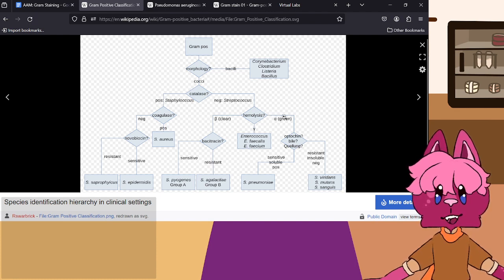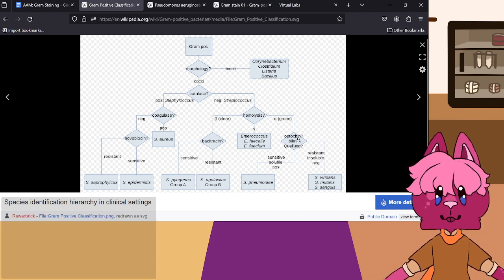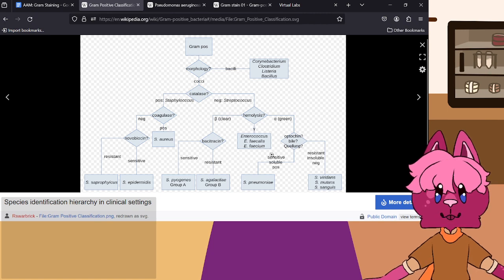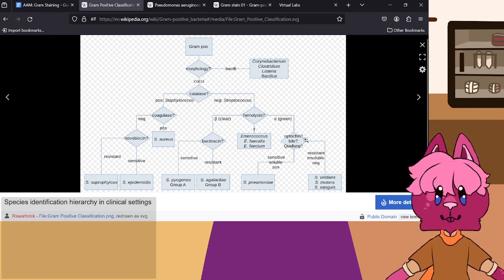But if it hemolyzes and the result is this green, we know it's hemolysis A. And then we can look at how it reacts to these types of antibiotics. So sensitive, it's a Streptococcus pneumoniae, but if it's resistant, it's one of these 3 Streptococcus.